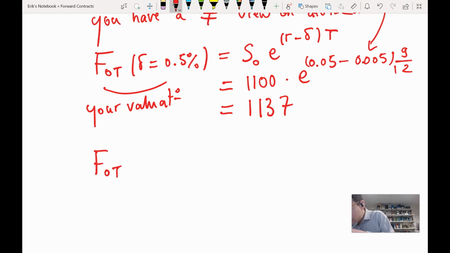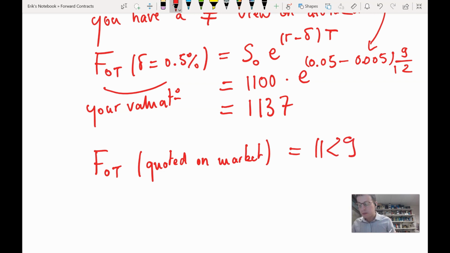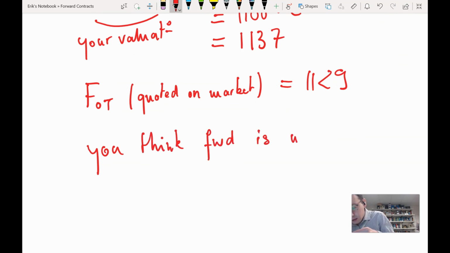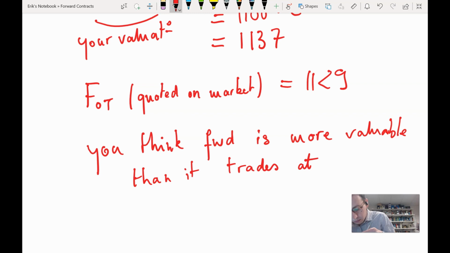Because the forward that's quoted on the market, we are told, is at 1129, which is below 1137. Why is that?